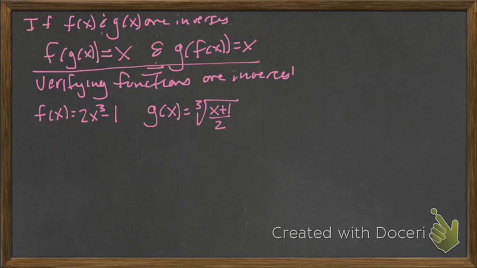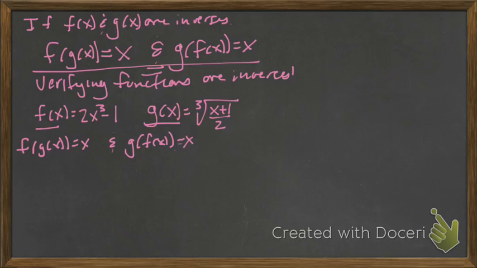What we want to do is verify that this function f of x and this function g of x are inverses. Well, that means I'm going to have to show that f of g of x equals x, and I'm going to need to show that g of f of x also gives me x.